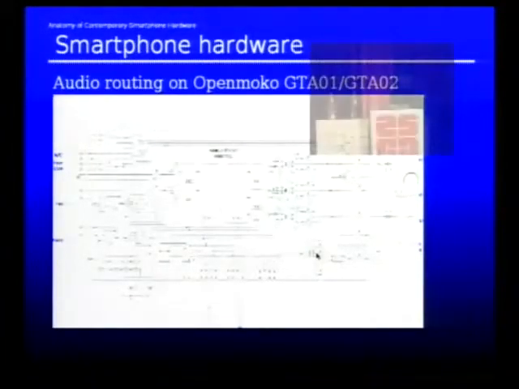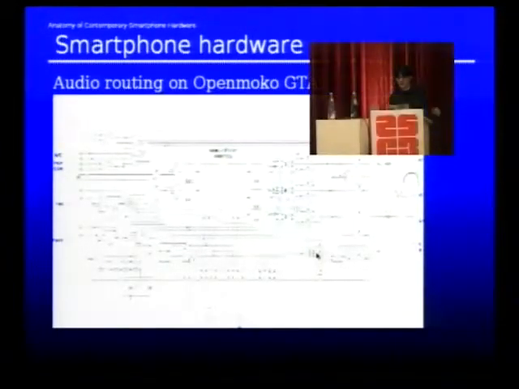So if you map that to ALSA, which OpenMoko obviously did, and I'm still saying we because I was there when it was done, if you want to represent this properly in a contemporary Linux system, you want to have an ALSA mixer with all those controls. So you actually have 94 controls in the ALSA mixer on a phone, right?